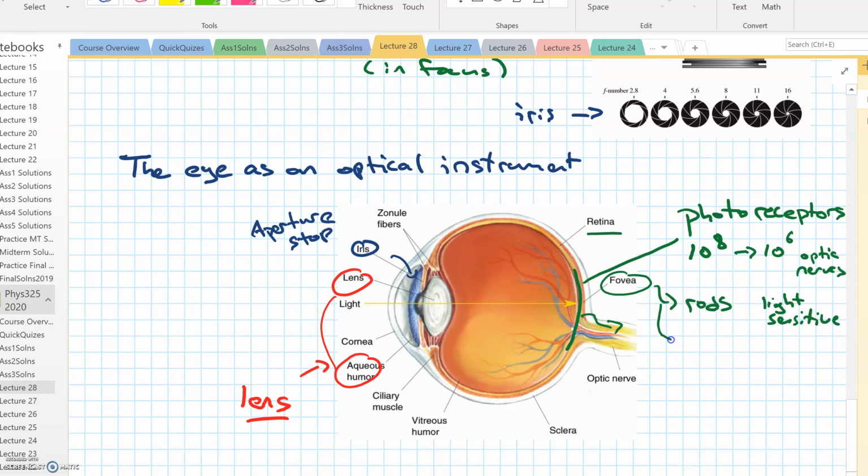And there's cones, and the cones have three different types, which are more sensitive to somewhere around the red, somewhere in the green, somewhere around the blue. And that gives us the sensation of color vision.